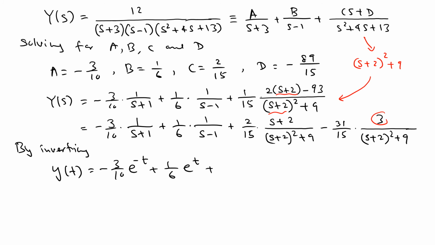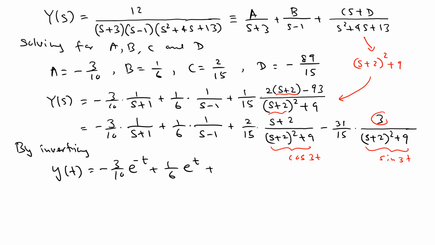And then for the next one, you can see this is the cos version. So this is the cos 3t, and this is the sine. But with the shifted version, you shifted by plus 2. That means you have to multiply by e to the negative 2t.